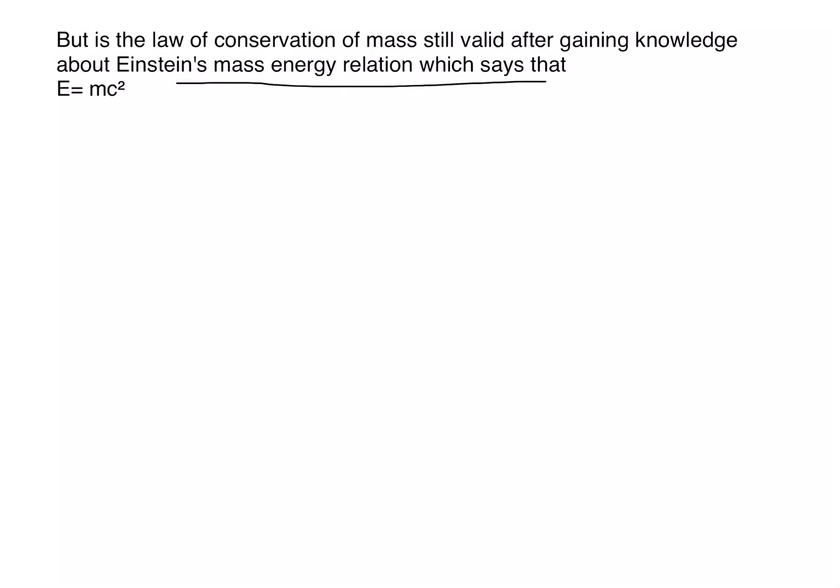Einstein's mass-energy relation says that mass gets converted into energy, and the relation that he gave was E equals mc square, right? And that is the basis of the nuclear energy that we talk about. The destruction of mass releases energy.